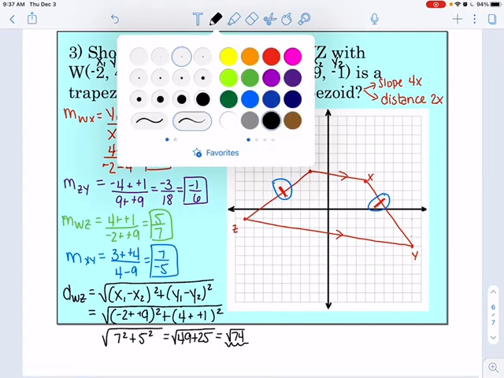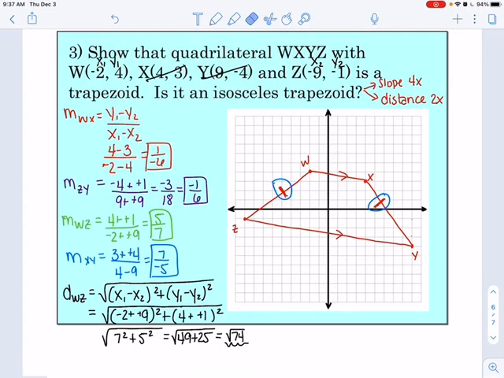And now let's find the length of our last side here. The side that's directly opposite that is XY. So I need the distance of XY. So I'm ignoring W and Z. So we'll do x1, y1, x2, y2. Again, you're staring at the formula already, so I'm just going to plug straight in.